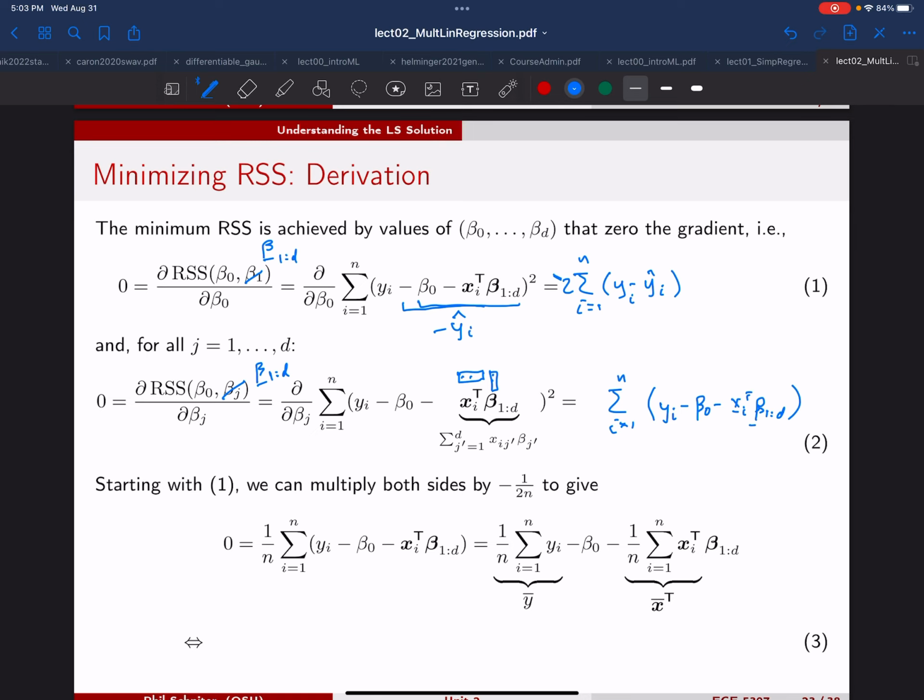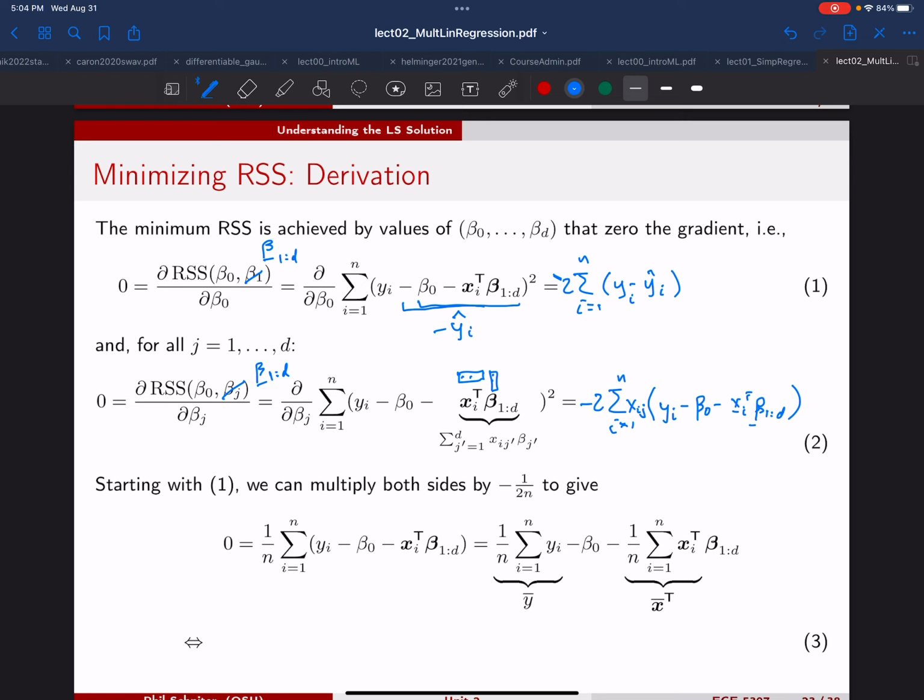I bring the 2 down, put the 2 over here, and then I have what's the inside of this here, and then I finally have to do the partial derivative of the inside with respect to beta j. So none of this stuff matters for that, but as you can see, I'm going to have a minus, so I'll put the minus out here. Now I'm going to have the partial derivative of this with respect to beta j. There's only one of the terms in the sum that matters. It's when the j prime matches the j. So in that case, I'm going to have x_ij times beta j. I take the partial derivative of that, and I just get x_ij. So I'll put that here, x_ij.